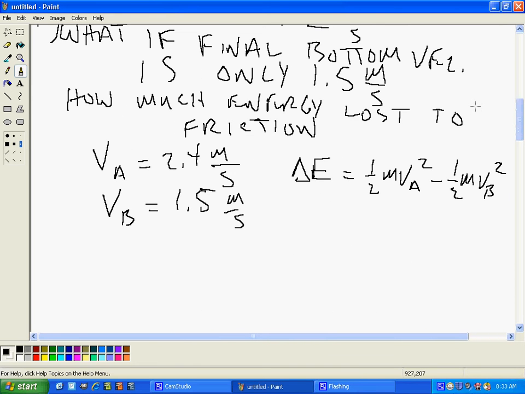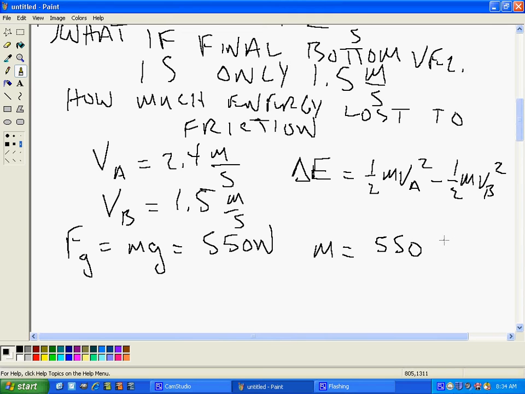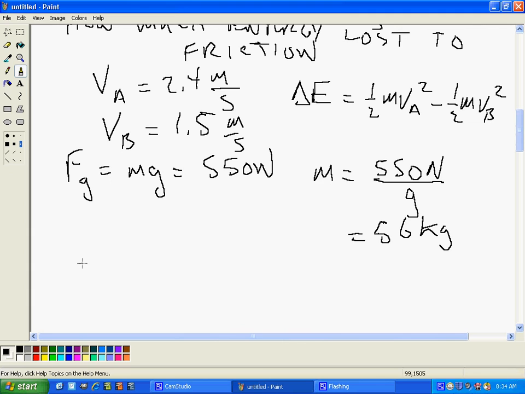If the force of gravity, which is equal to mg, is equal to 550, that means that m is going to equal 550 newtons divided by g, and that's going to equal 550 divided by 9.8, which is approximately 56 kilos.